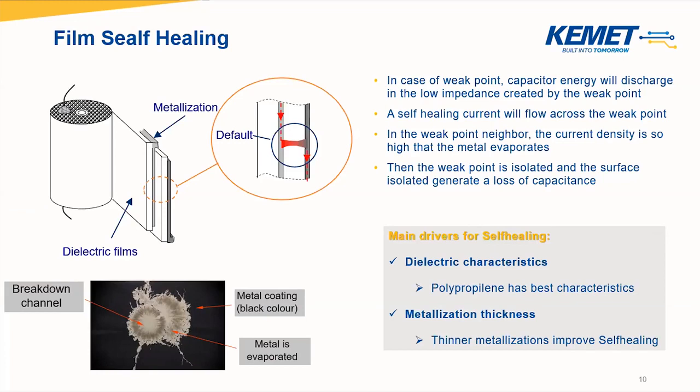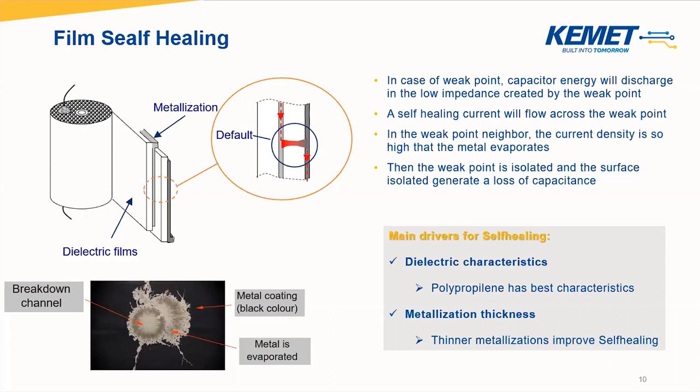The black area is the one metallized, while the other area is where the self-healing occurred. So in this case, we have the vaporization of the metal in the area of the breakdown channel, and we have the insulation of this part. So the capacitor has lost a little bit of capacitance, but has avoided a short circuit.